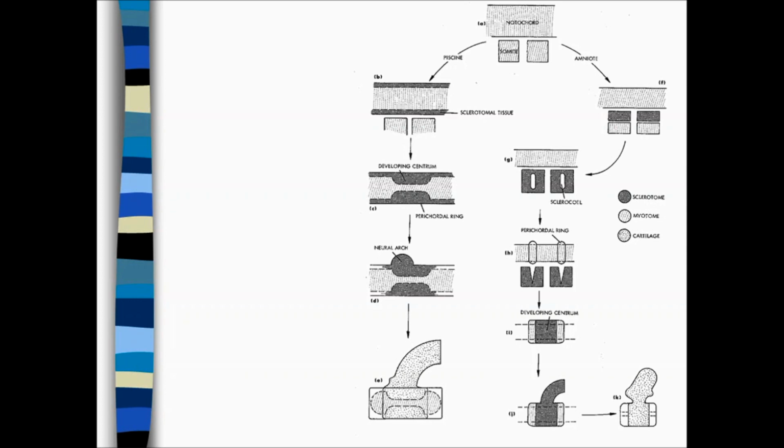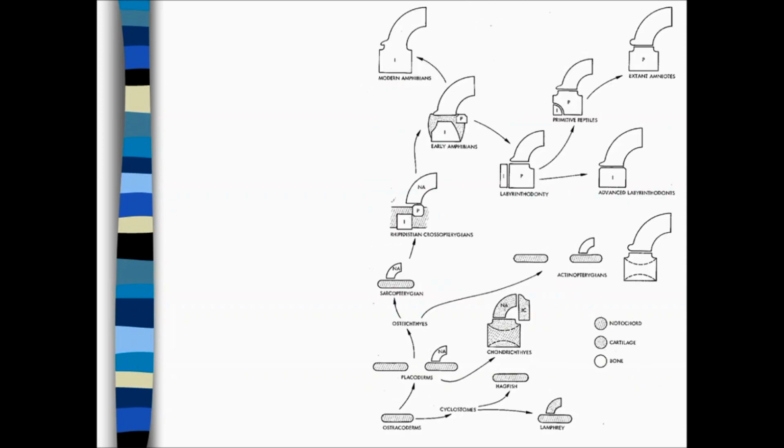And then on top of that, we form this structure called the neural arch, which is going to protect the dorsal hollow nerve cord. Let's look at what the evolution of that centrum looks like, because there's this interesting thing that happens. So let's look at this crossopterygian fish here.